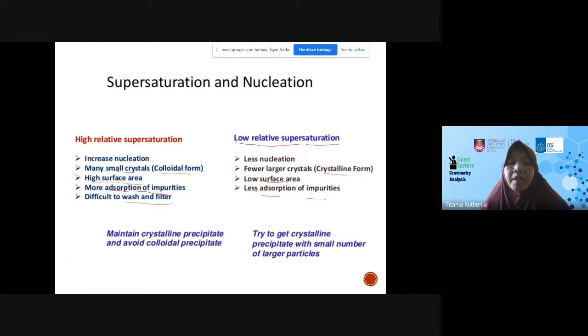So what we want to do is to get the crystalline form, the larger crystal, but with only few, so that we will have only a small amount of absorption of the impurities. So this is our goal. So we have to lower down the relative supersaturation as much as possible.